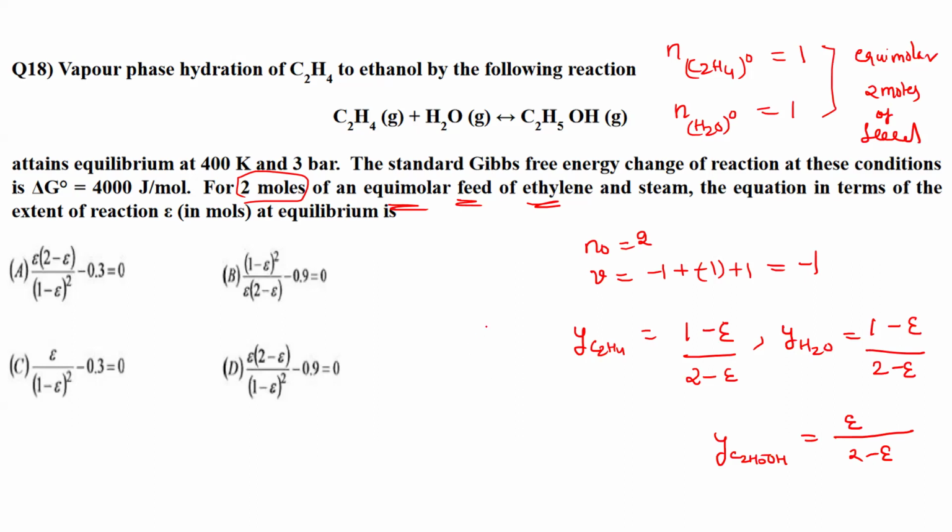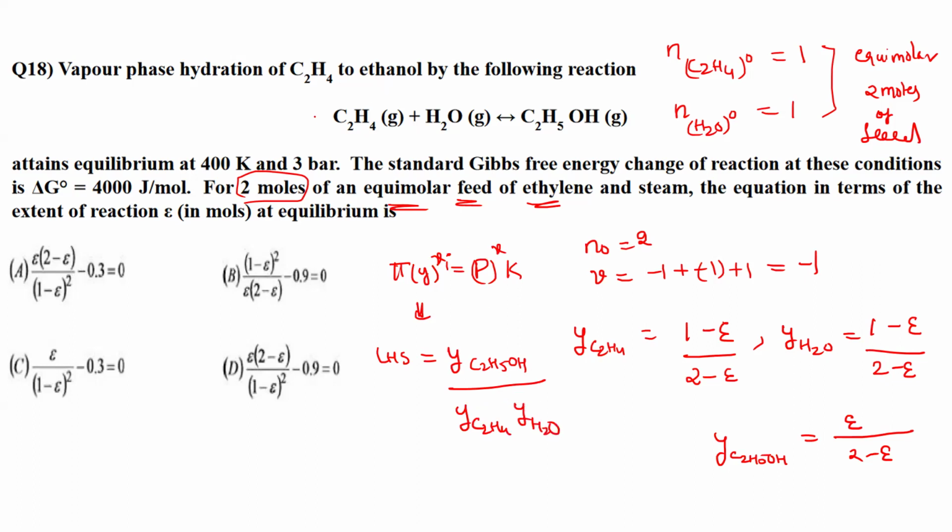Now, considering this, if I write this equation as product of y to the power nu equal to P into P to the power mu into K. So here, what do we know? The LHS is equal to y of C2H5OH by y of C2H4 into y of H2O.